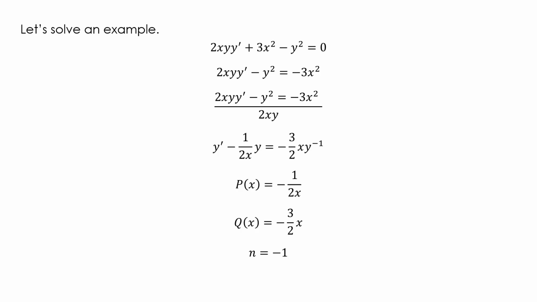Remember the form q of x multiplied by y raised to n. As you can see from the equation, n is negative 1. So what did we do? First, we rearrange the form into the Bernoulli equation. Then we determine which is p of x, q of x, and n. So that's all the information we need.